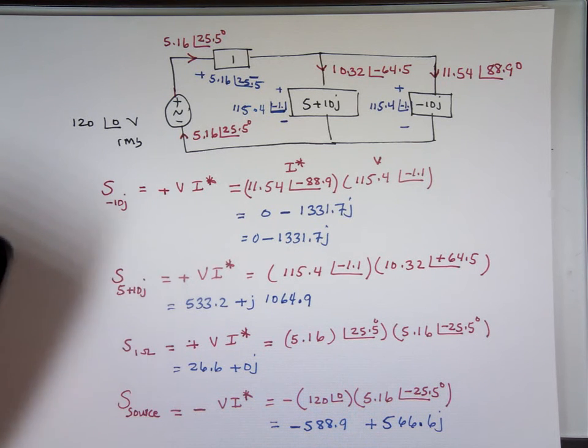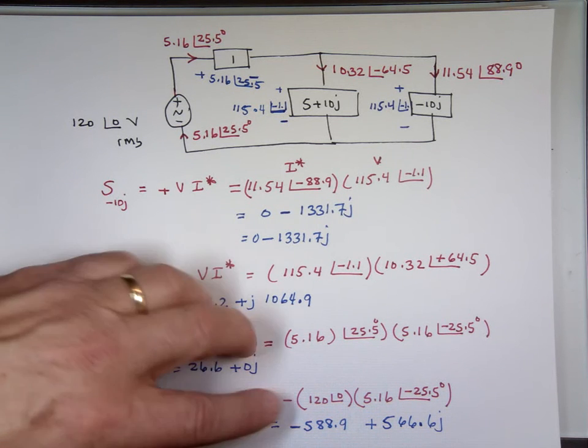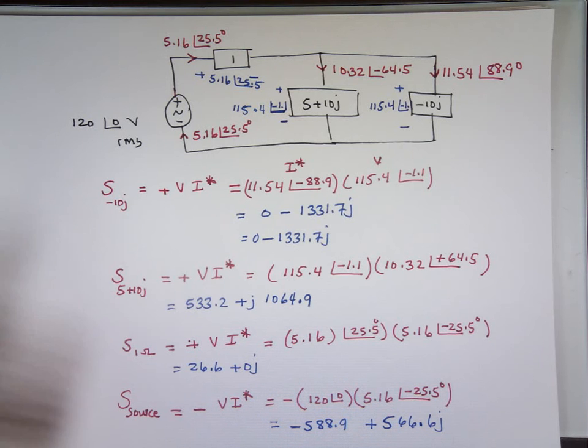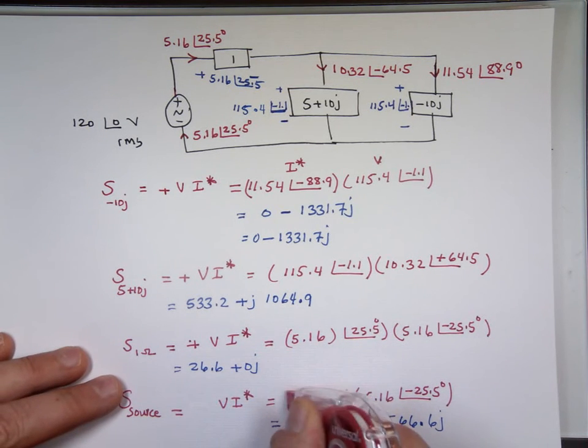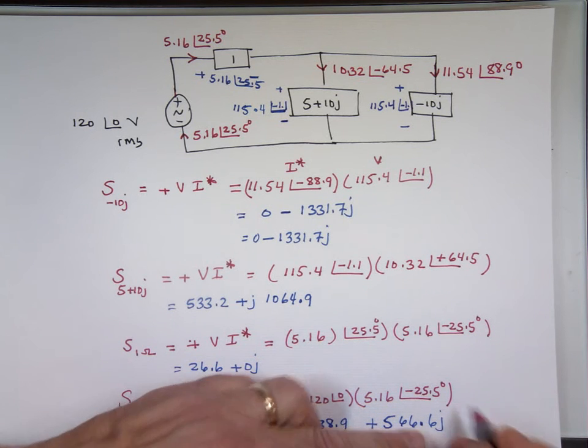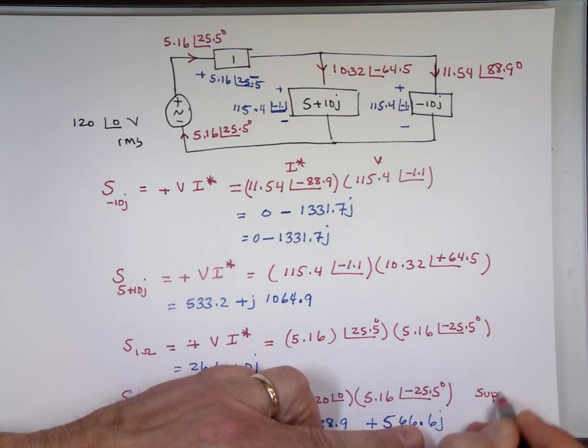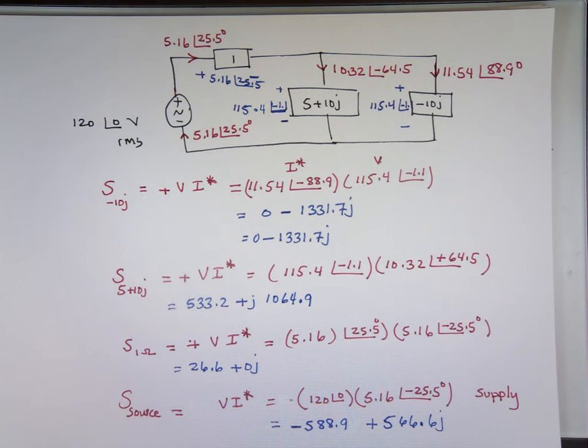Yeah, this would be supplying, so the sign indicates supplying. I think they're not multiplying the sign, they're just telling you the source is going to supply the power. So we can use the word supply here if you want to. And if you do the math on that, you end up with 558.